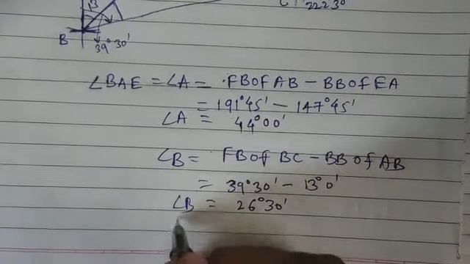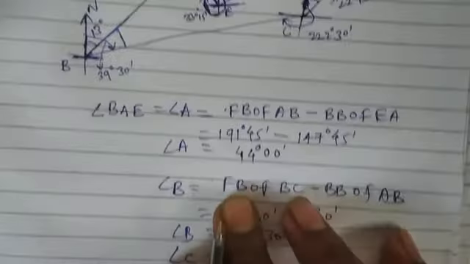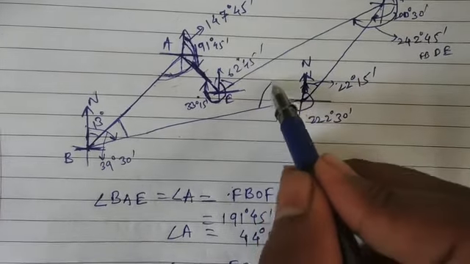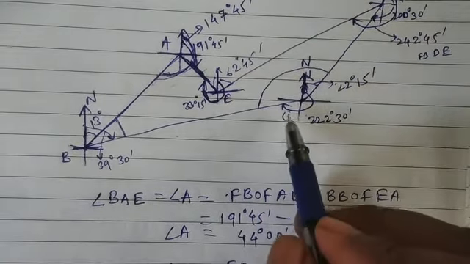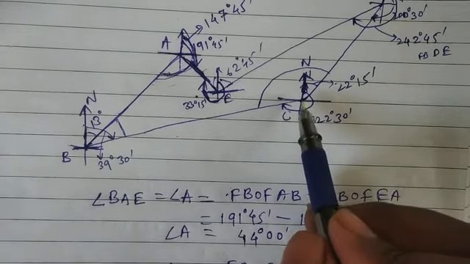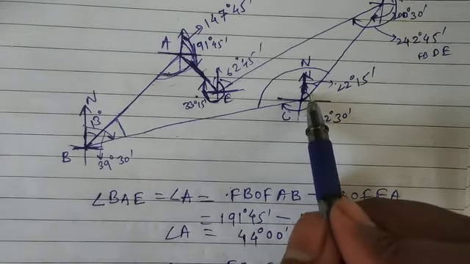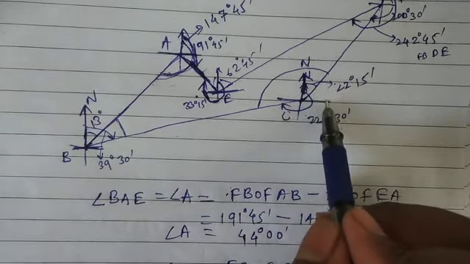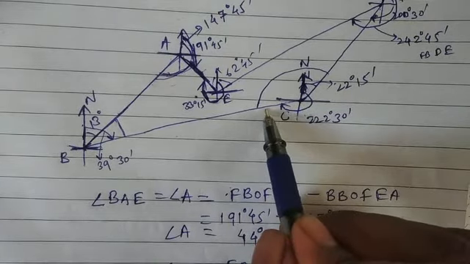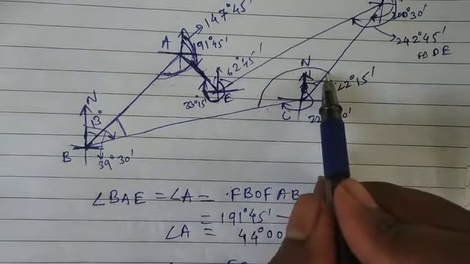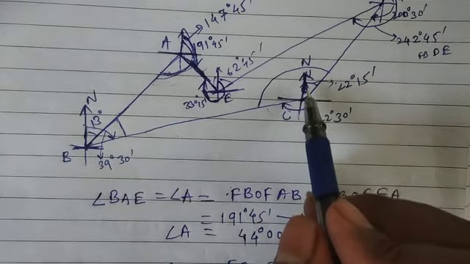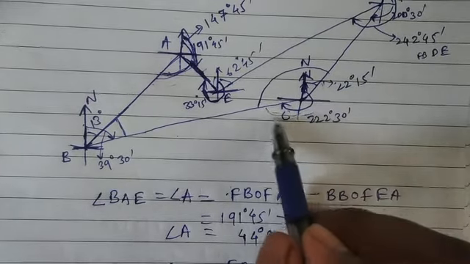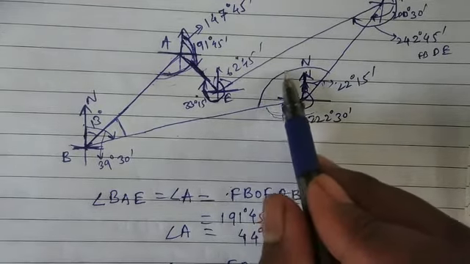Now we'll calculate angle C. We want the interior angle, so we have to calculate this angle here. This bearing minus this small bearing will give us this exterior angle, but we are interested in finding this interior angle. If we deduct this angle from 360, we'll get this angle.